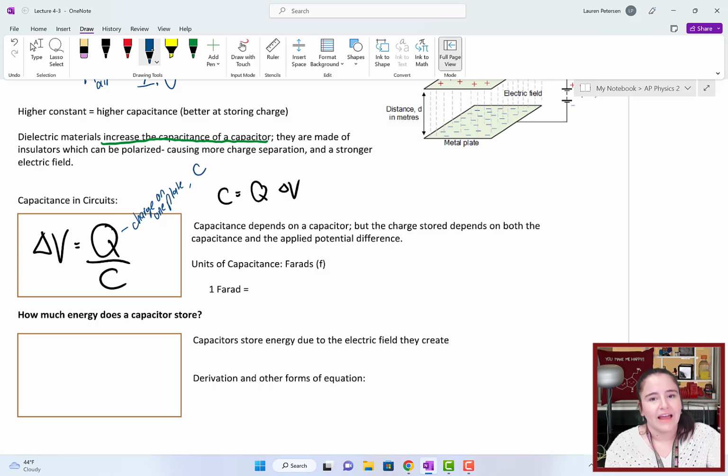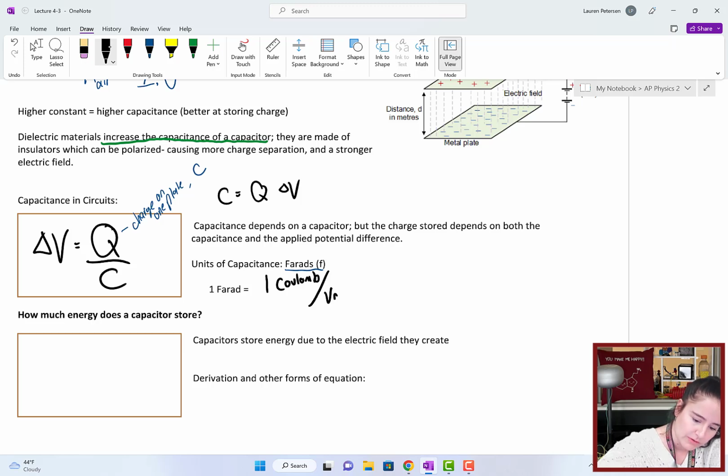And yes, the unit for charge is coulombs, which is a C, but the variable we use for charge is Q. For capacitance, the unit is a farad, which is an F, where 1 farad means 1 coulomb per volt. So for 1 volt applied, you would store 1 coulomb of charge.